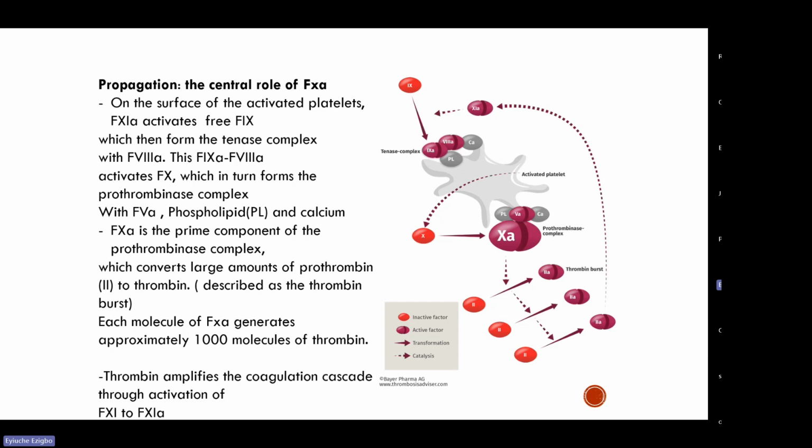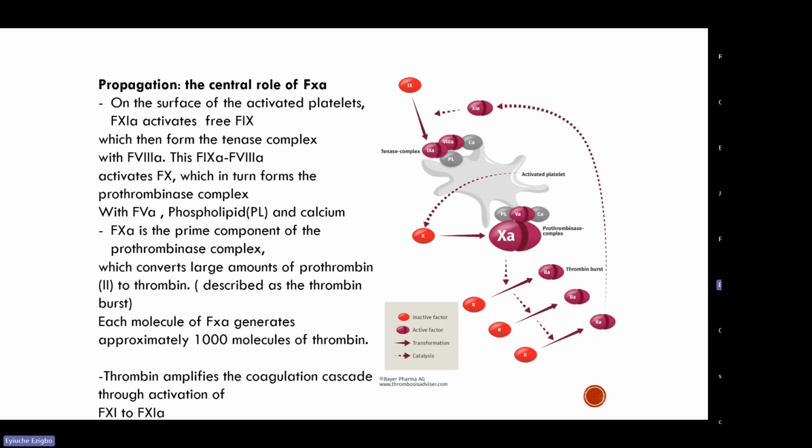Instead of drawing it as a cascade of enzymes activating each other and subsequently activating the other, it's still the same process we see in the extrinsic and the intrinsic pathway. Factor 10 is the prime component of the prothrombinase complex.